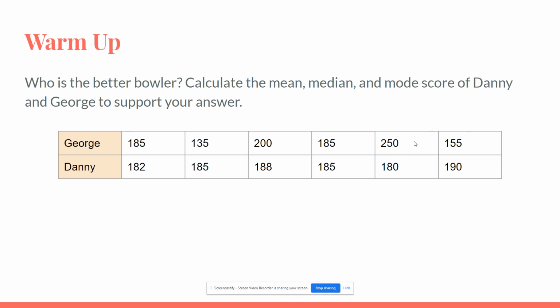Right now we could stop and say they're just as good of bowlers as the other, so they are exactly the same. But that's not true because we don't have exactly the same scores. So we are going to need different types of calculations to help us with decisions like this. This is an example of where just measures of central tendency can fall short.